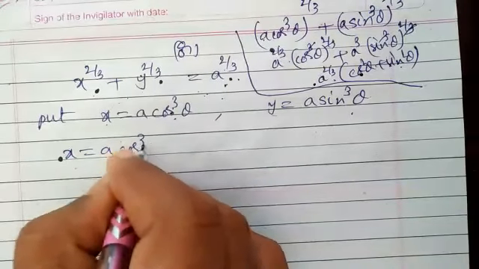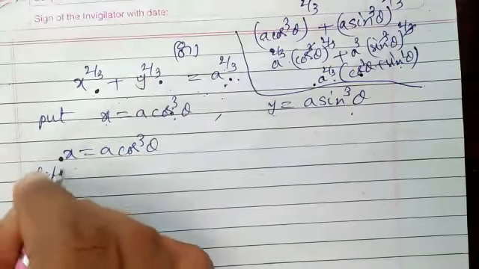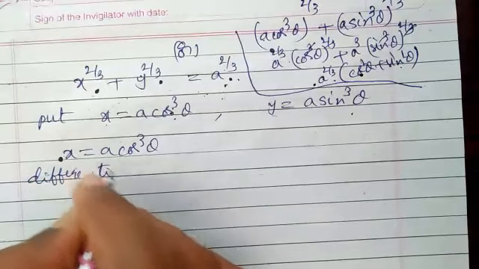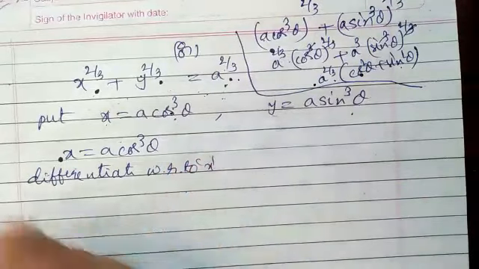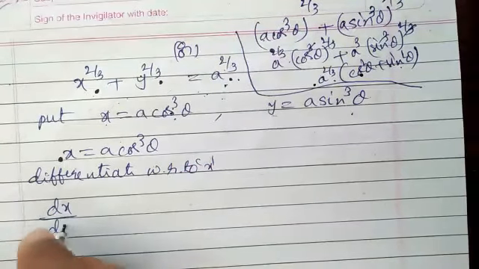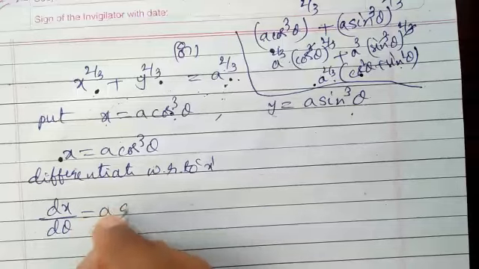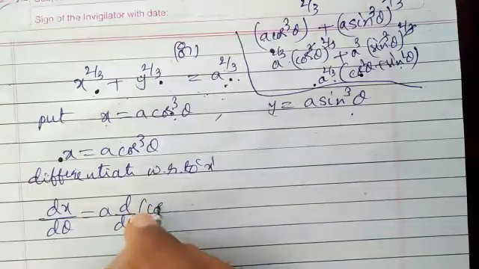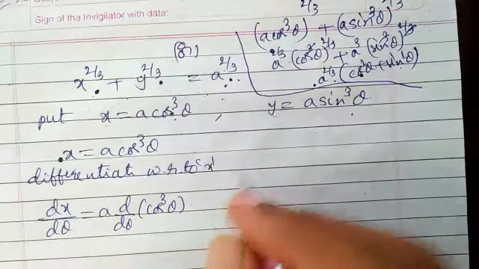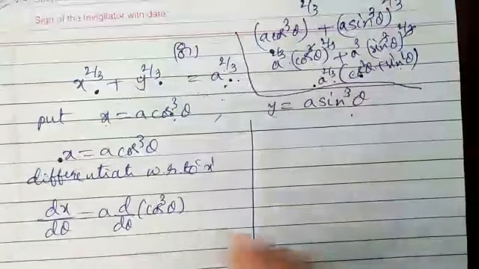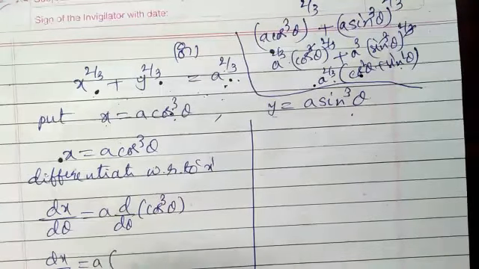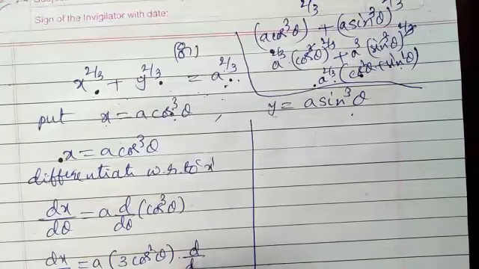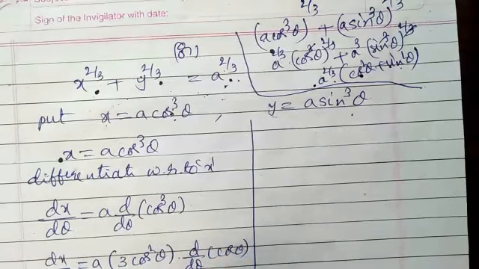x is equal to a cos cube theta, differentiate with respect to theta. dx by d theta is equal to a into d by d theta of cos cube theta. dx by d theta is equal to a into 3 cos square theta into d by d theta of cos theta.